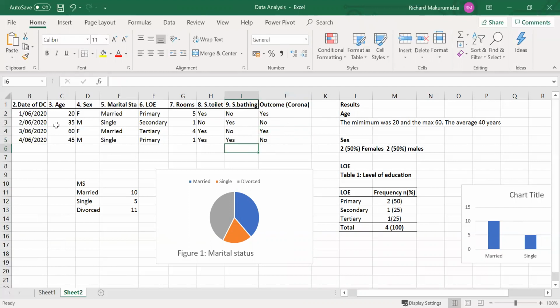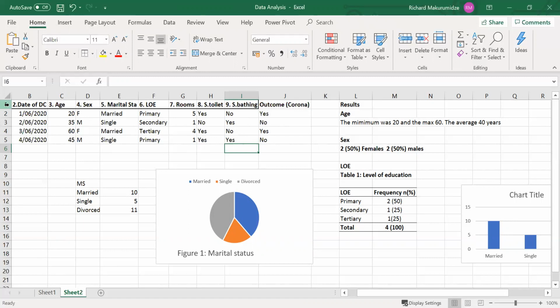At the end of the day, we want to see, in terms of sex, how was sex related with getting corona? How is marital status related with getting corona? How is level of education related with getting corona? Which means you can do one variable by one variable. It is a bit complex for you to do these things, but you should find a way of doing it, because that's the whole purpose.